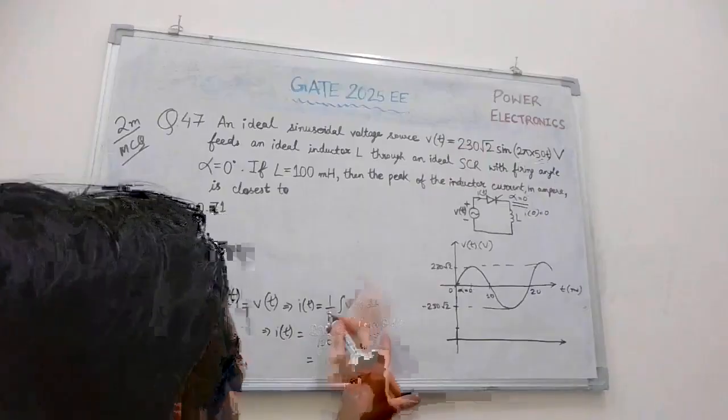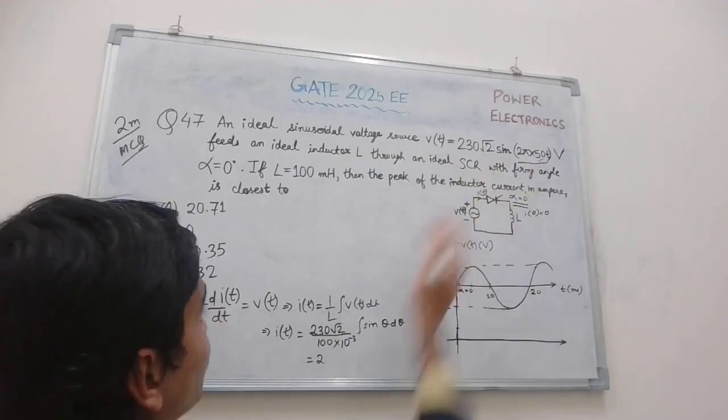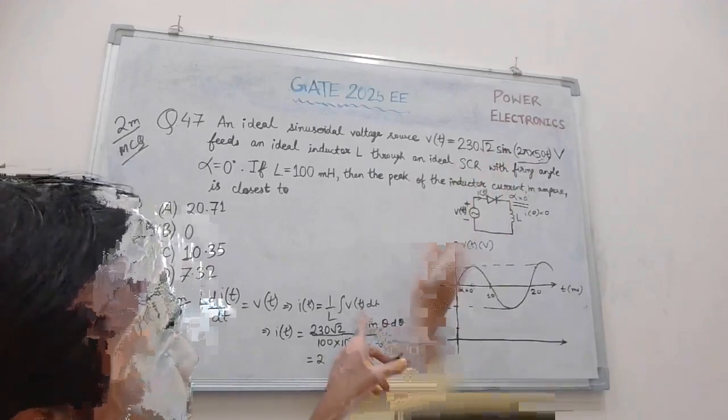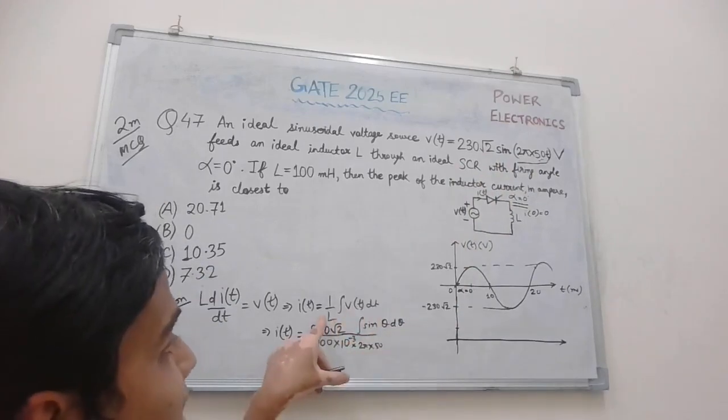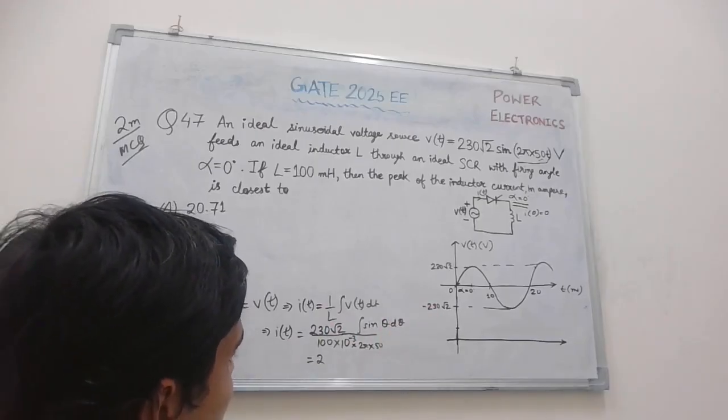When we replace with sin theta, the denominator will be replaced, because we have replaced omega t by theta. So one omega term will come here.